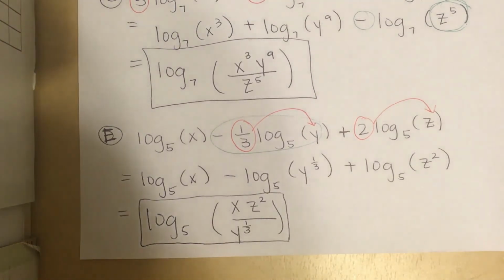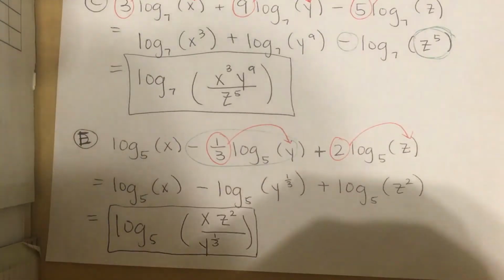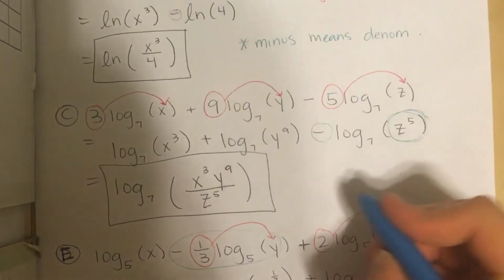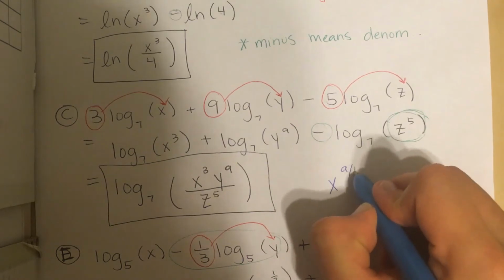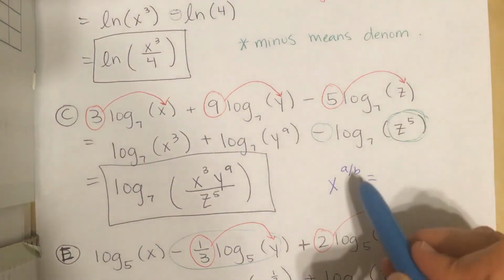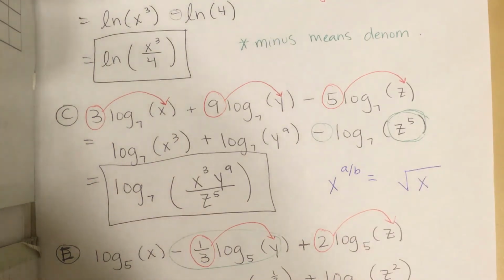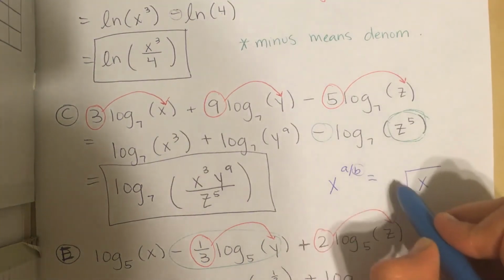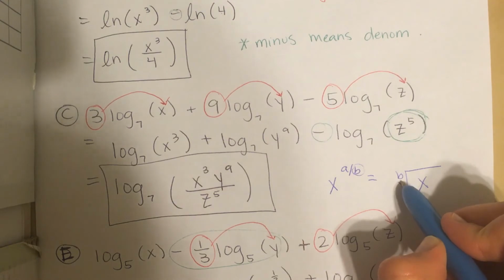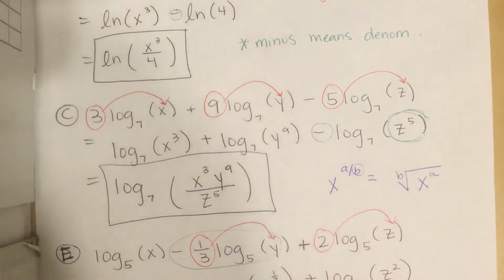But just as a side note, let me write that in blue up here. If I have a fractional exponent like this, usually you rewrite it as a root, and this denominator becomes your index, and the numerator stays as your exponent.